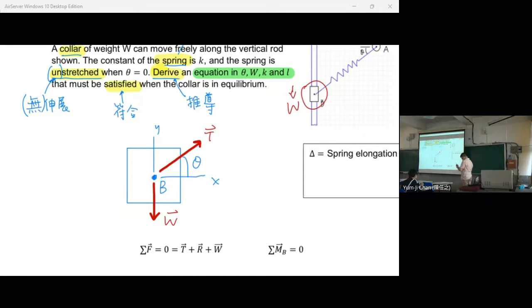So let's say we go to the right. And it can move freely up or down, but can it rotate? It is something like this, so it cannot rotate freely.